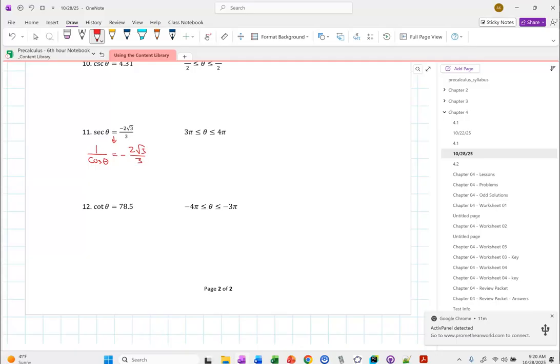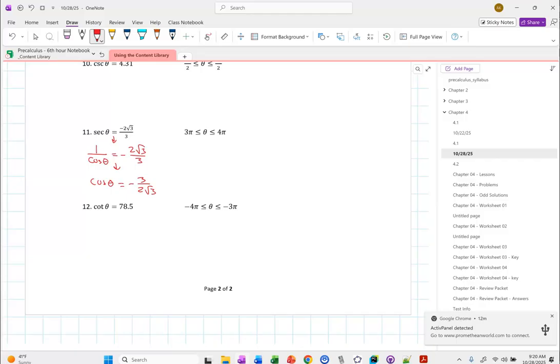So far, so good. Now instead of 1 over cosine, I want regular cosine, so I'm just going to flip both sides of the equation. As long as I do that to both sides, it's okay. So I turn it into a cosine equation instead of a secant equation.